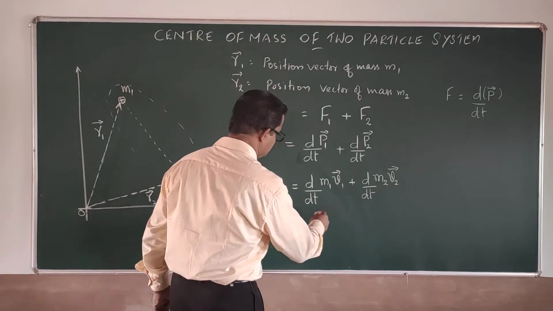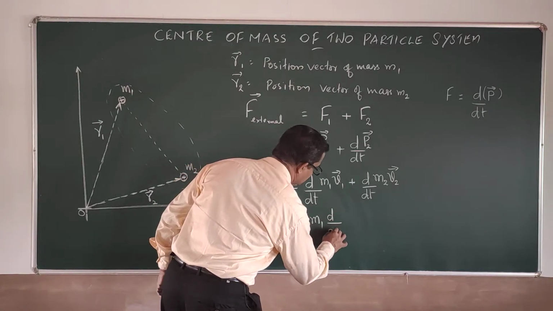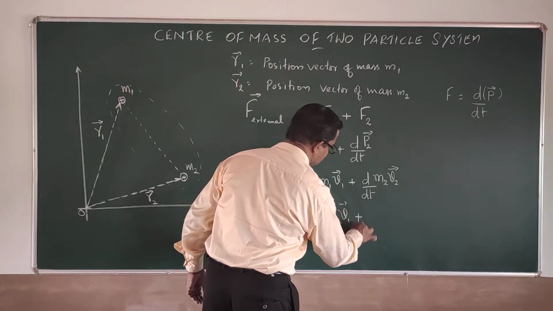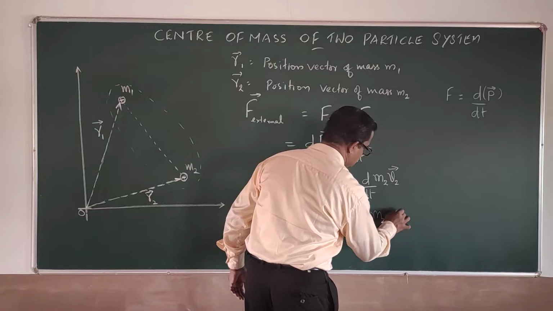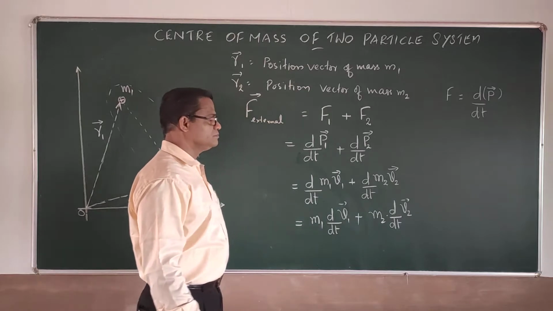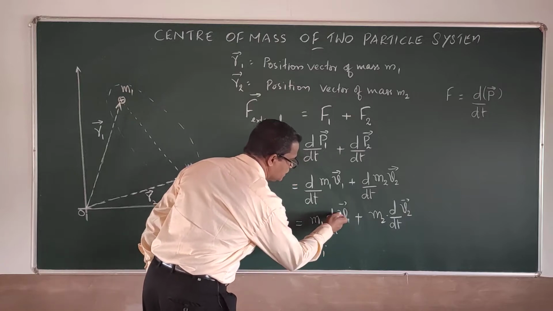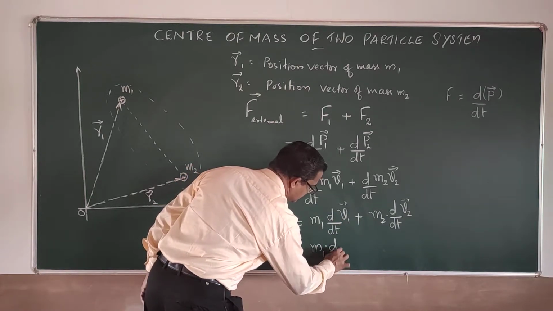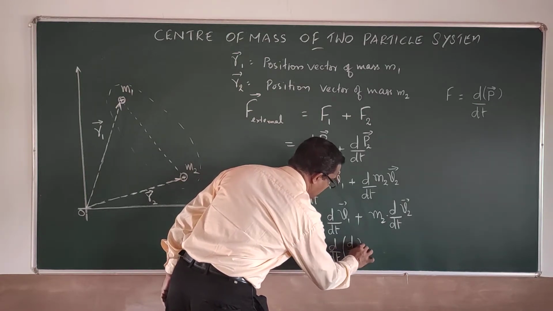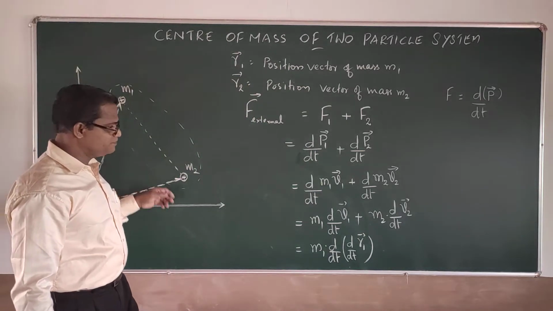Now I can take this in another form, that m1 into d by dt of v1 plus m2 into d by dt of v2. Like that, I will be moving to m1 into d by dt of v1, where I can take v1 as d by dt of r1, the position vector r1.